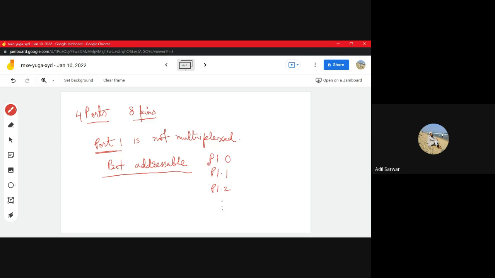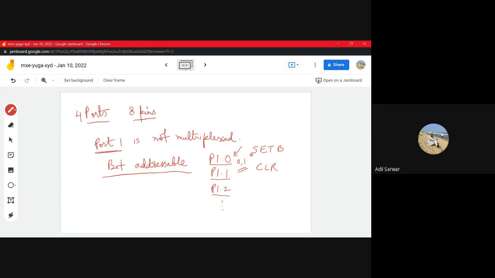So if I want to program it independently, I have got commands for it. And what are those commands? They are SETB and CLR, set bit and clear. Basically, what we intend to do is to make it either 0 or 1.